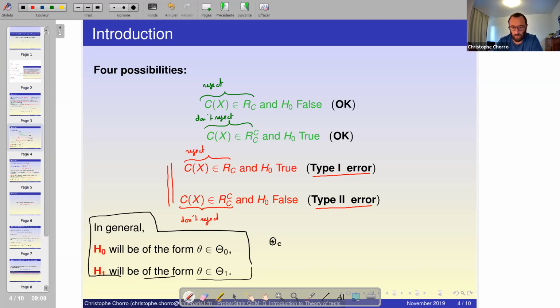So big theta 0 intersected with big theta 1 has to be empty. So keep in mind that I have two good situations, on which I have nothing to say because I am happy to be in them: I reject something that is false, and I don't reject something that is true. And I have two problems: the type 1 error, which is to reject something that is true, and the type 2 error, which is not to reject something that is false.